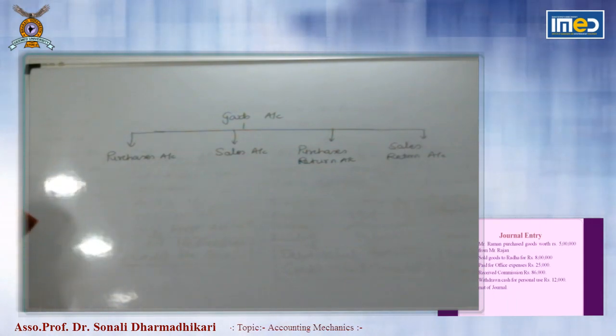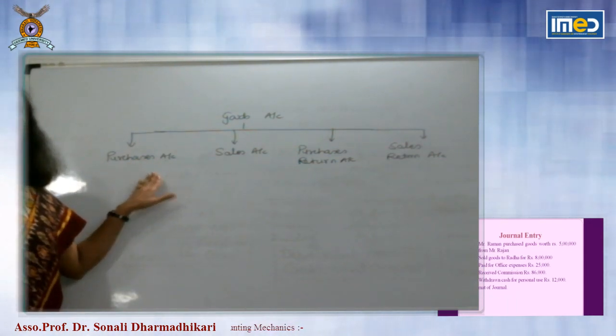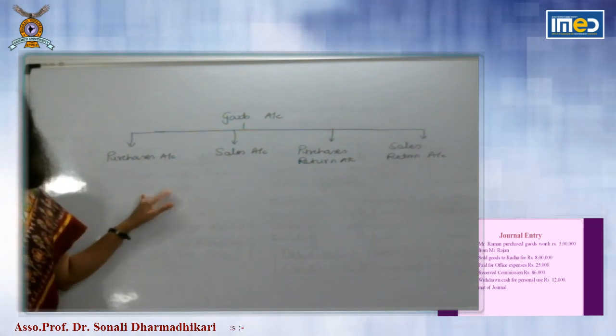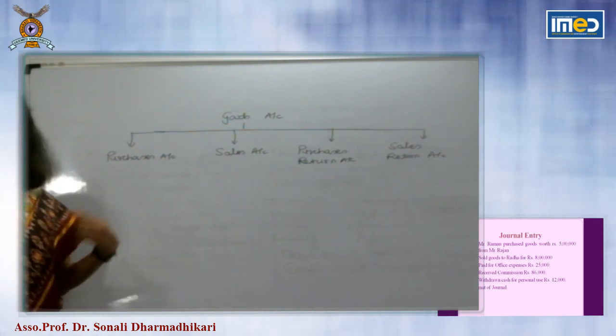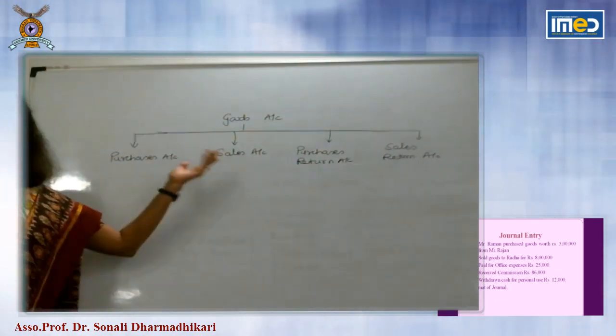Why is this classification required? This classification is required because there are always n number of transactions with goods.